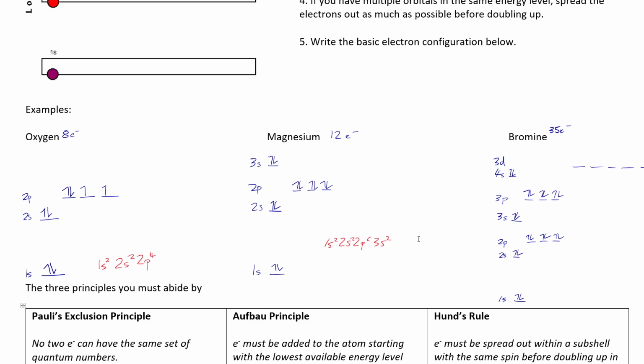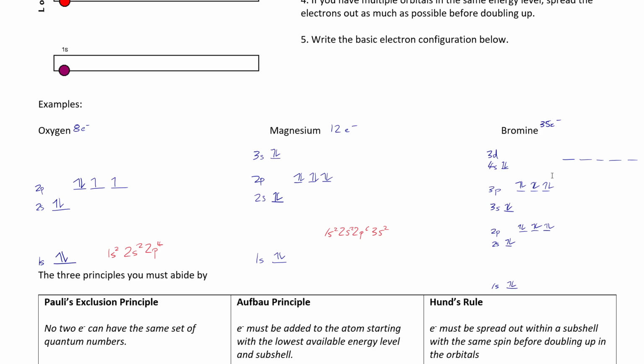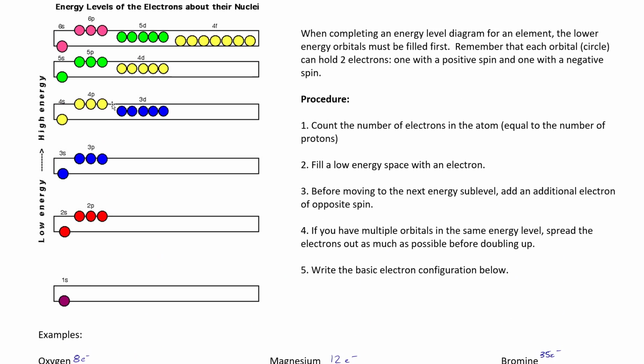And so what I'll do here, I'm just going to zoom out a little bit. What I'll do here is I will go 1, 2, 3, 4, 5, and then I'll double up. And after I'm done with the 3d, I have to go back to the 4p.